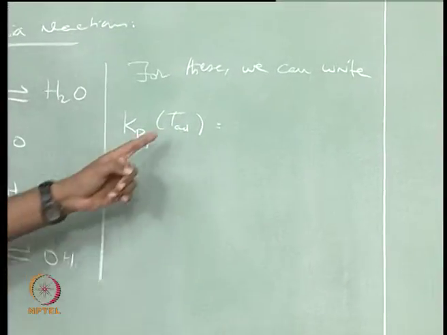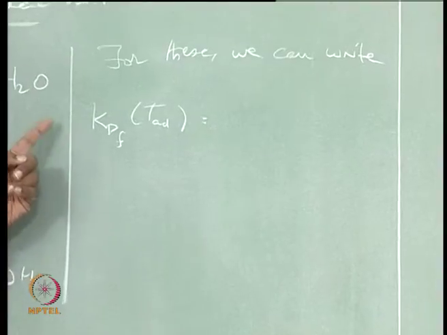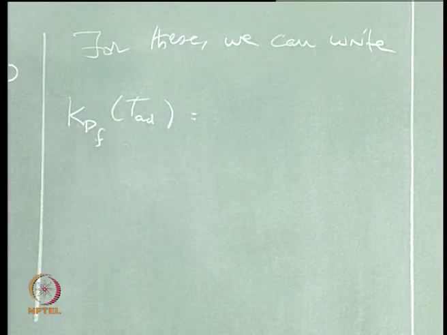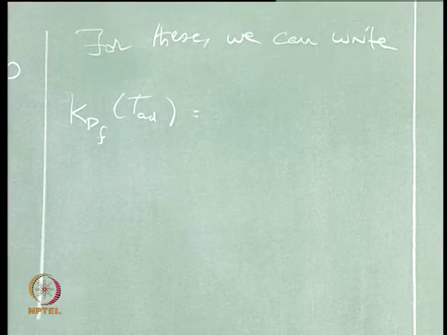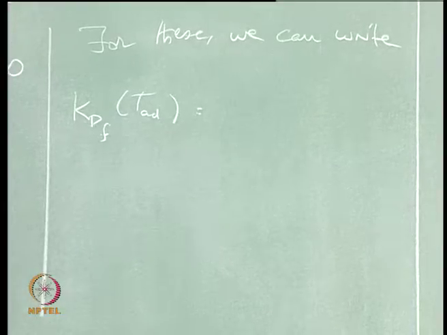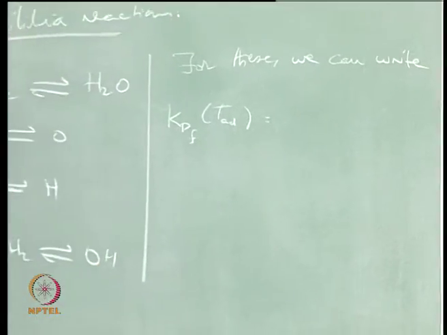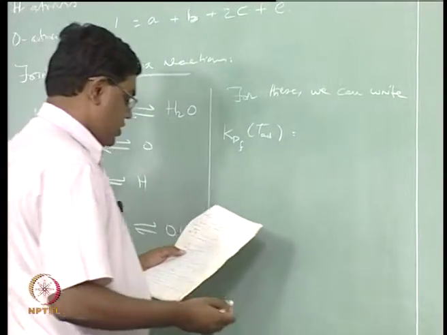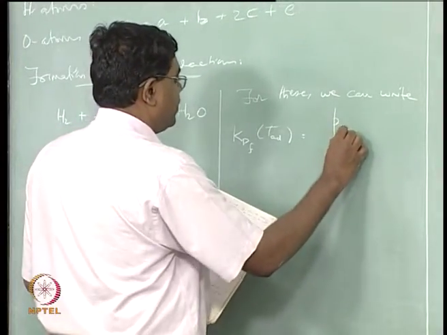We don't know what T adiabatic is, but we suppose that at this adiabatic flame temperature is where the equilibrium exists between hydrogen, oxygen and water, oxygen and its atomic form, hydrogen and its atomic form, and oxygen, hydrogen, and OH. So we have to write these at T adiabatic and then try to find out what it is.